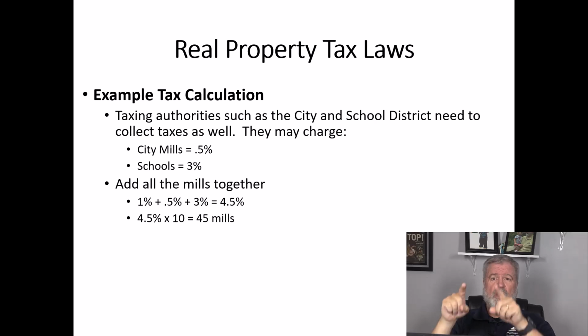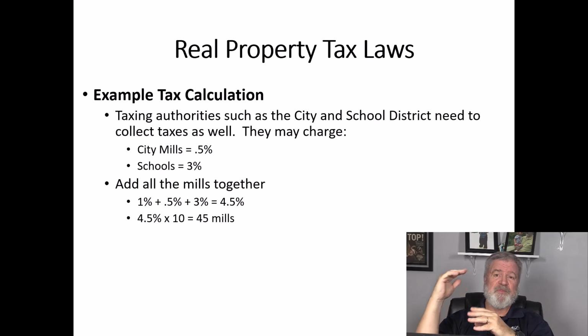Each one of these taxing authorities will basically have their own budget: here's how much we need. Then based on that $100,000 in property value, here's how much we'd have to assess each property owner to create enough revenue for each individual taxing authority.